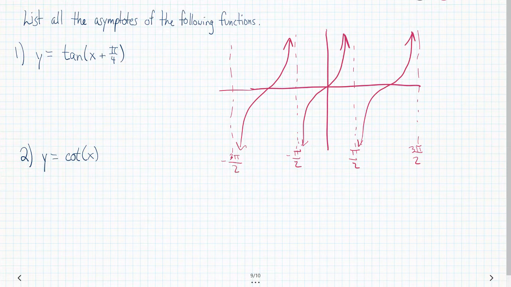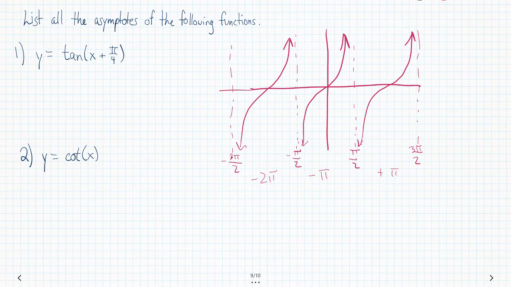Then I'd have 5 pi over 2, and so on and so forth. What's happening? Well, notice all the asymptotes. I can start at pi over 2. This is plus pi to get to 3 pi over 2. This is minus pi to get to negative pi over 2. This is minus 2 pi to get to negative 3 pi over 2. Notice I'm just adding multiples of pi all the time.